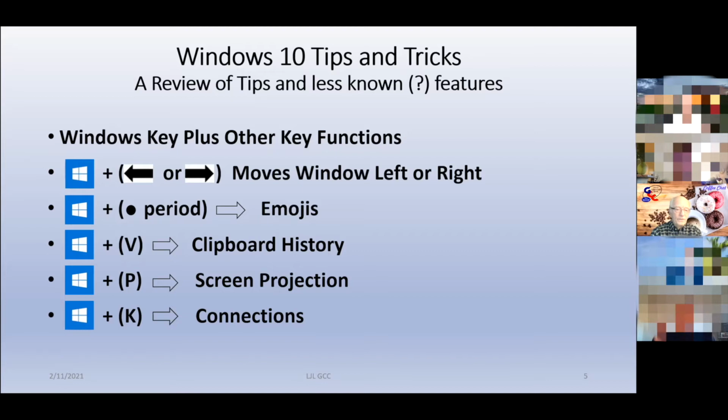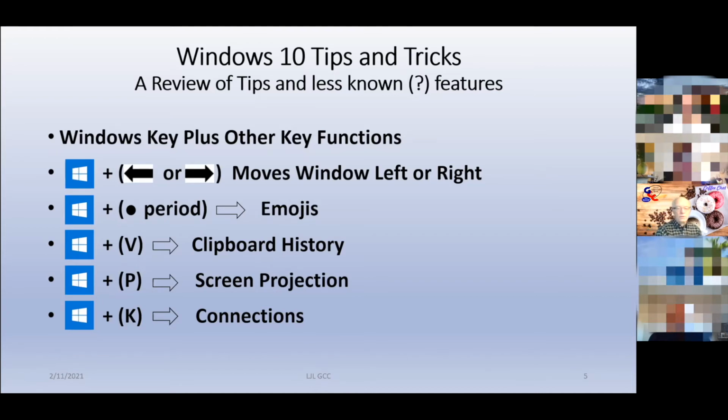A neat feature is the Windows and V. Now, many of us are familiar with Control V to paste, but Windows 10 has this Windows key plus V, which has a clipboard history.